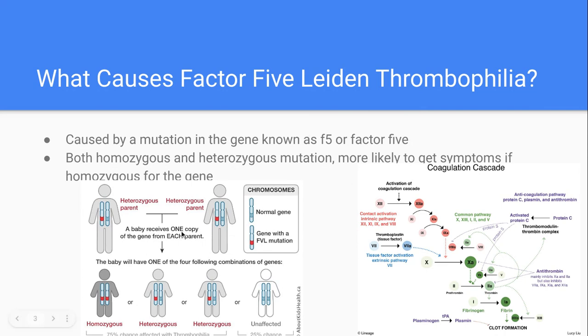And here in this left-hand image is a picture of two heterozygous parents. So they each have one copy, and that will result in one homozygous child, two heterozygous children, and only one being unaffected. And the homozygous one will be the one that will probably get really nasty symptoms.